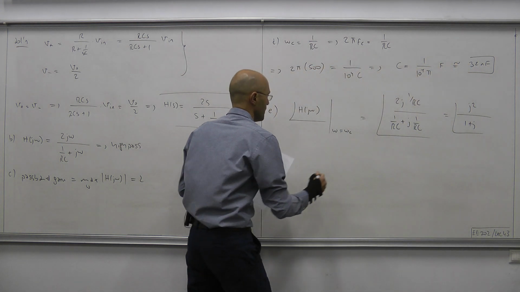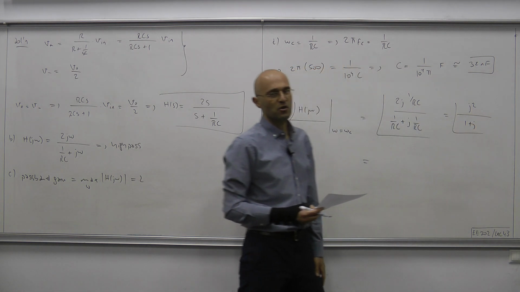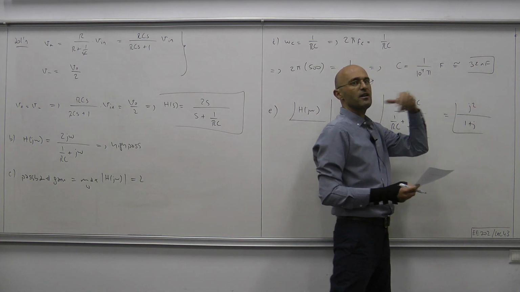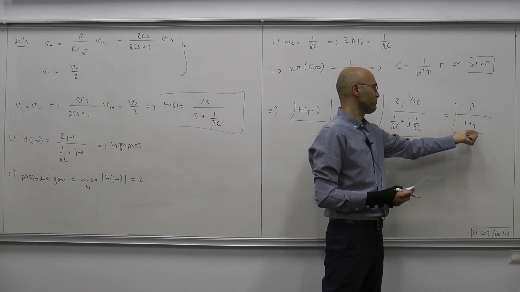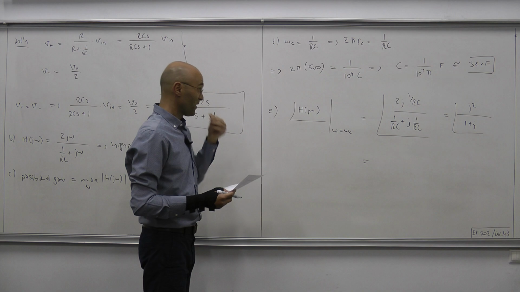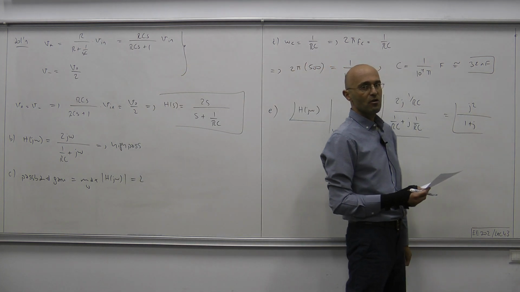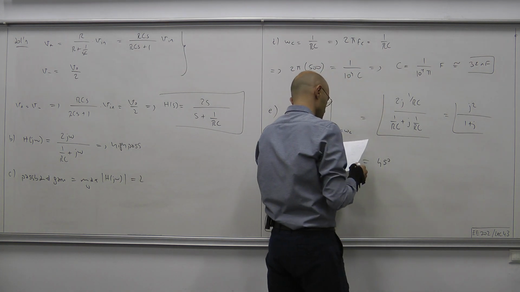Okay, and that equals the phase of J2 minus the phase of 1 plus J. The phase of J2, this is purely imaginary, therefore the phase of the numerator is 90 degrees, and the phase of the denominator, we know that the phase of 1 plus J is 45 degrees. Okay, therefore 90 degrees minus 45 degrees produces 45 degrees.